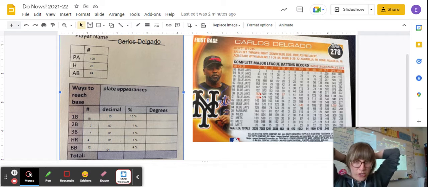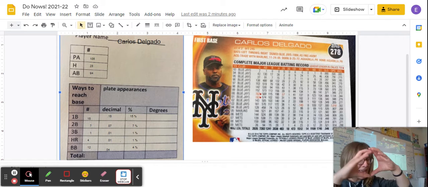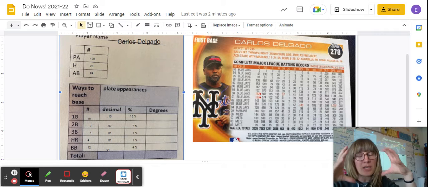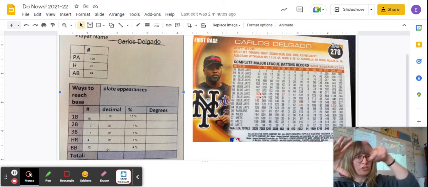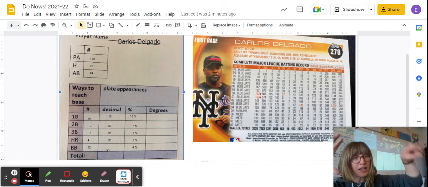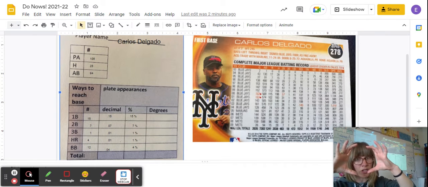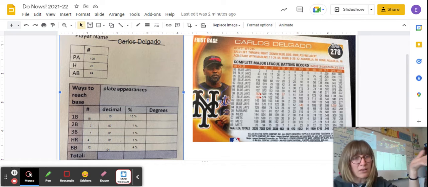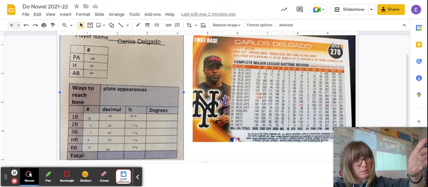We're going to use that to help us turn our statistics into a sort of visual where you're going to be creating a spinner, and the spinner is going to show, out of a whole circle, so in a circle there are 360 degrees, what percentage essentially of the circle, what size slice of pie, if you will, did Carlos, in my case, get on base? How many times did he get to first base, to second, to third, and so on?